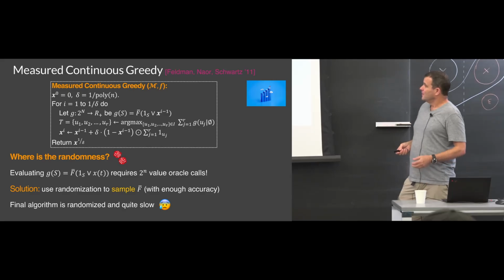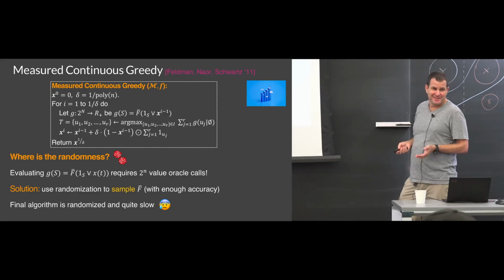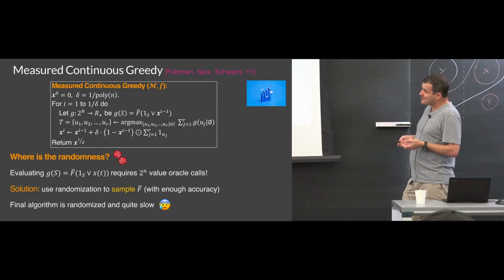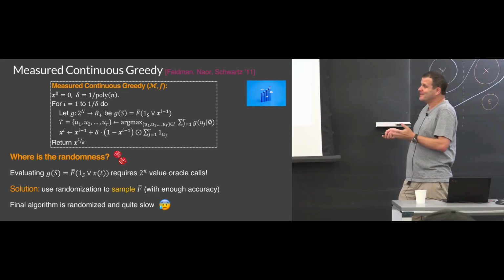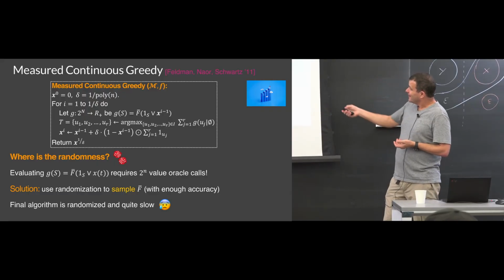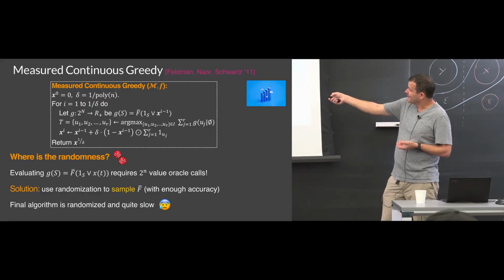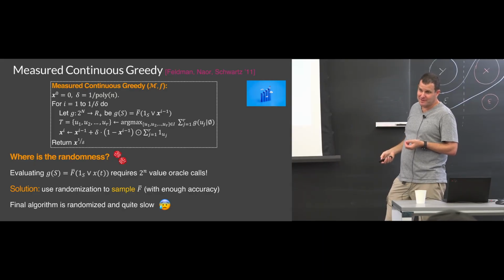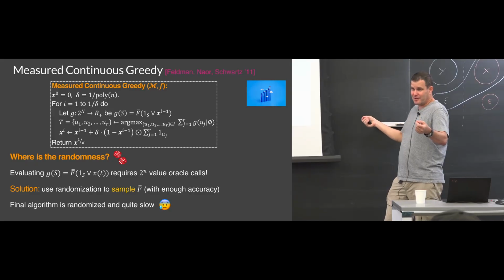Great. Where is the randomness? You don't see the randomness because I cheated a bit, because I didn't tell you everything that you need. So the randomness is hiding exactly here. Evaluating g requires evaluating the multilinear extension. And this multilinear extension, if you remember, may have all subsets, all 2 to the n subsets.